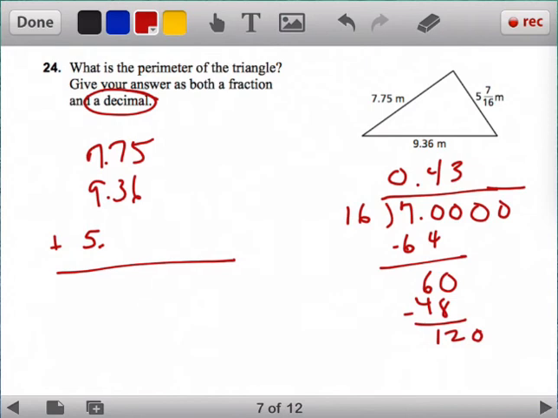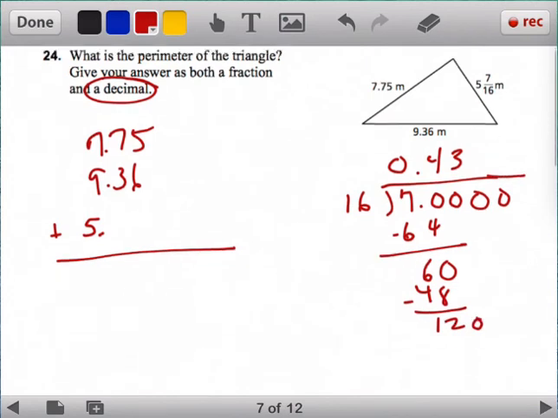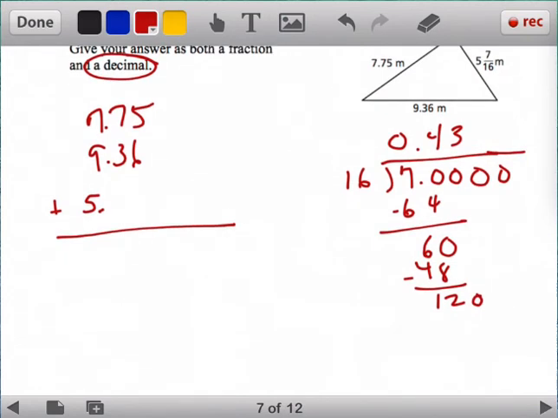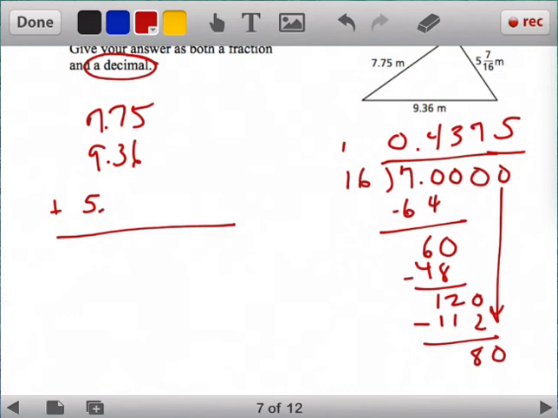And 16 goes into 120. Try 7. 7 times 16 is 112. Subtract. Get 8. Bring down my last 0. And 5. 5 times 16 is 80. Subtract, I get 0. So there's my decimal. So it's 0.4375.